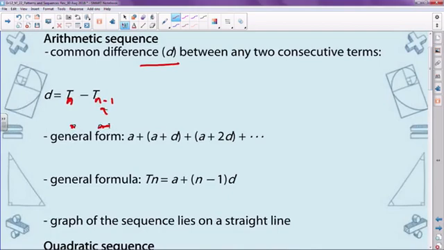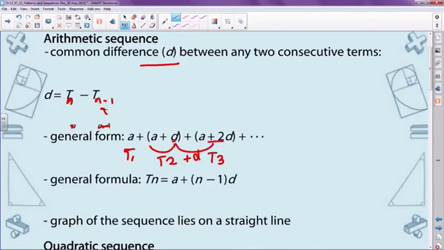Remember the general form for an arithmetic sequence, you're adding a common difference each time. So you start with the first term A, and then you add on the difference to get your second term. So T1 will be A, T2 will be A plus D, and then term 3 will be A plus 2D. So each time you add a D to get your next term.